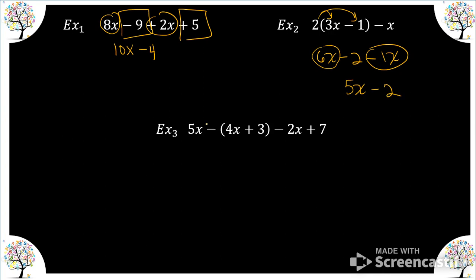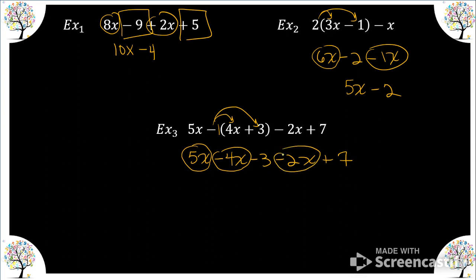In example 3, we have several things going on. Remember, if you have parentheses, you always need to dissolve the parentheses by using the distributive property first. So I'm going to just bring down the 5x, and this is an understood negative 1, and we're going to distribute to the terms inside the parentheses. And now let's combine our x terms, 5x minus 4x minus 2x.